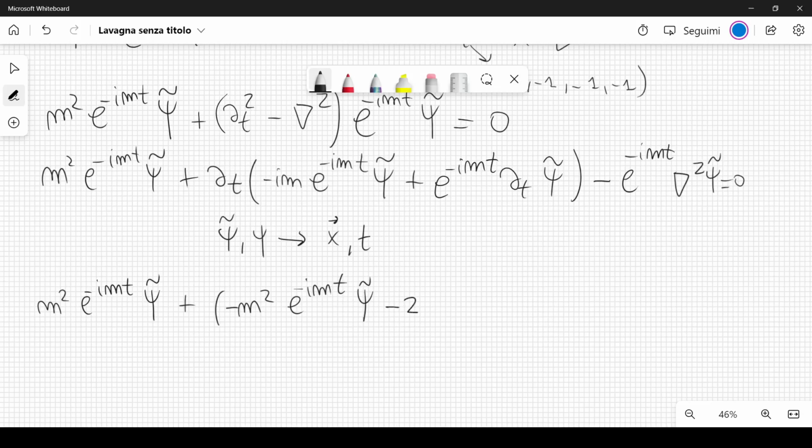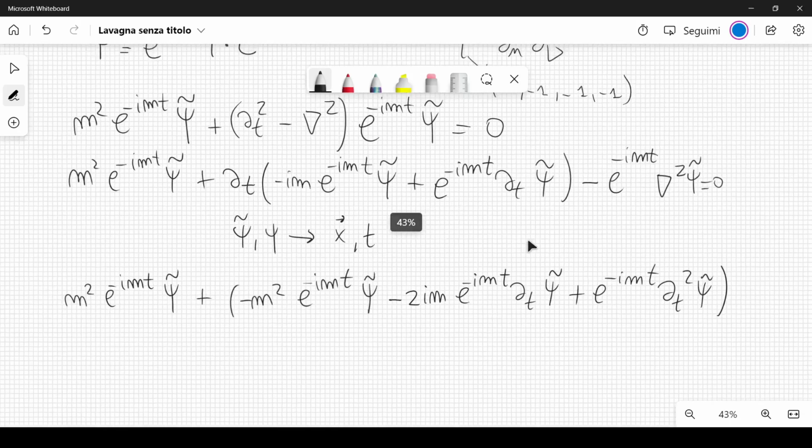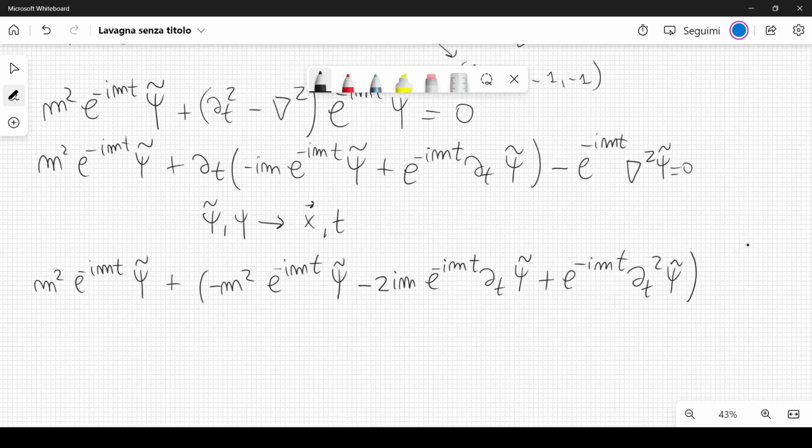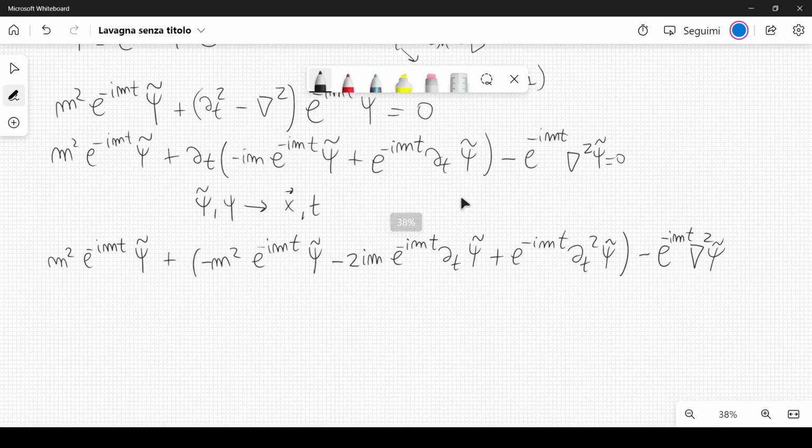Then here I have minus 2im e to the minus imt dt psi tilde plus e to the minus imt dt squared psi tilde, and then I have minus e to the minus imt del squared psi tilde, and this is equal to 0.